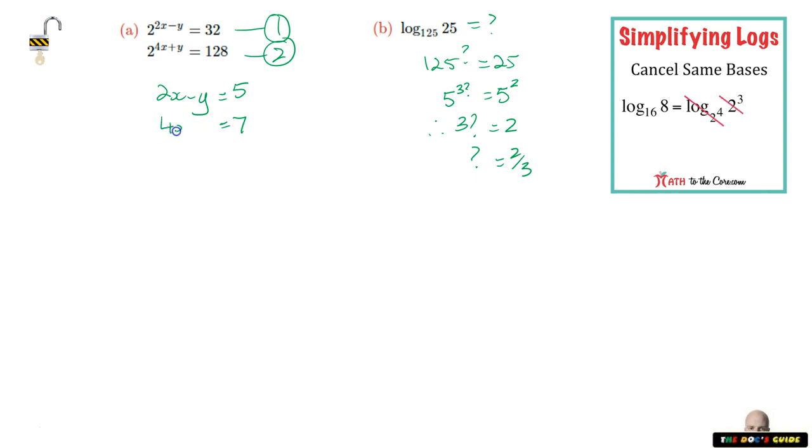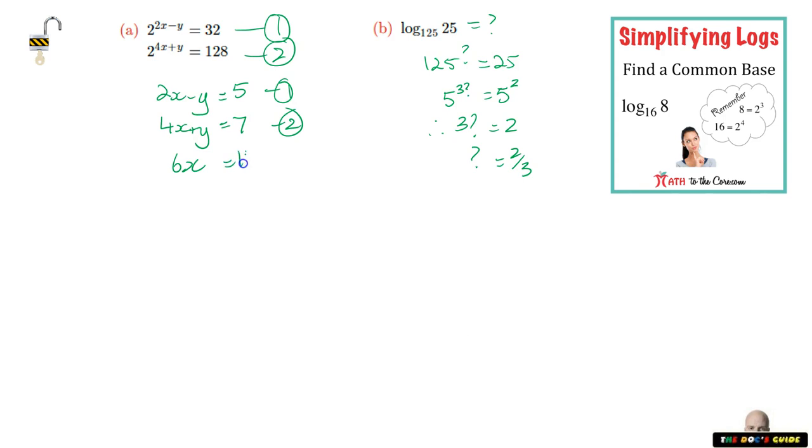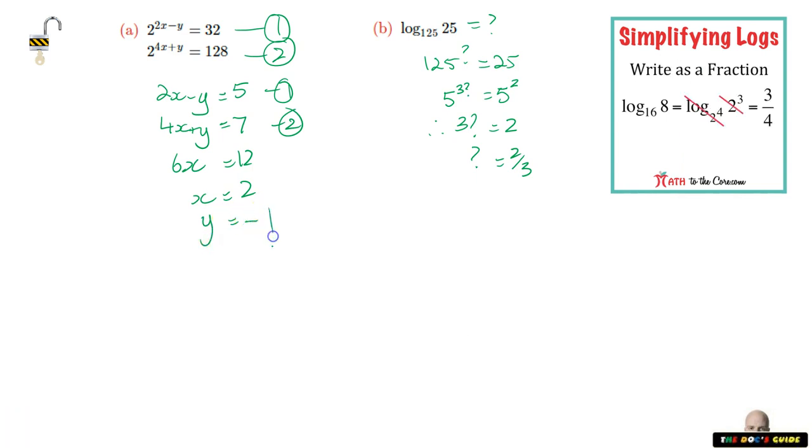So 4x plus y equals 7, and away we go from there. Very quickly, if we added those two, we'll get 6x equals 12, so x equals 2. And if x equals 2, then we've got 4 minus y equals 5, so y equals minus 1.